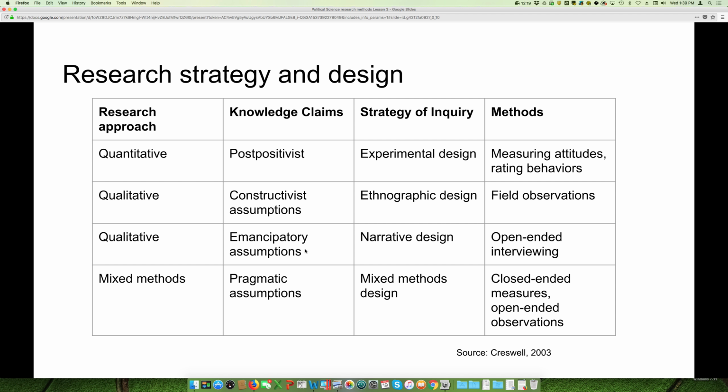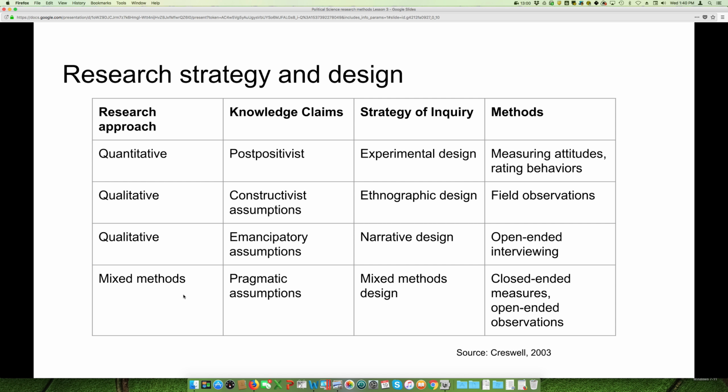In that case, you're really asking your research participants to help you construct a narrative of a phenomenon based on their perspectives. And often you use open-ended interviewing. In this case, you're asking questions of them, and that might be asking them to explain cause and effect, but you wouldn't necessarily be trying to counter-check those claims with other methods, though you might want to.